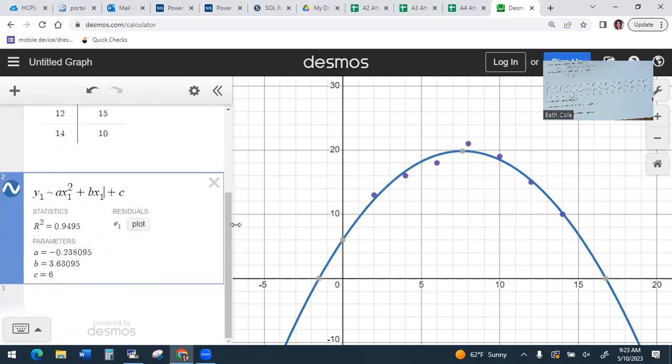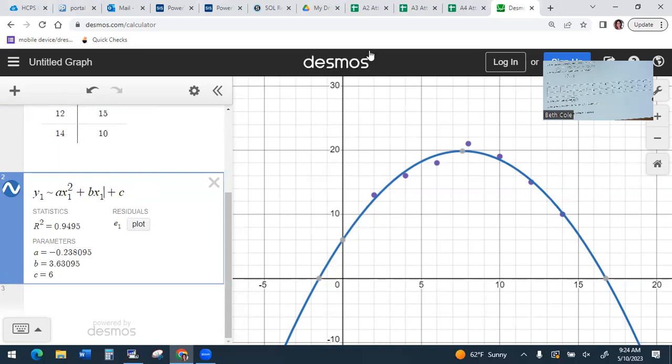Now I'm going to write the A, B, and C on the board until it shows up. Once it shows up, then you know you're correct. All right, so I'm just getting these from the calculator. A is negative 0.2. B is 3.6. C is 6. Weirdly, that came out to a nice whole number. All right.